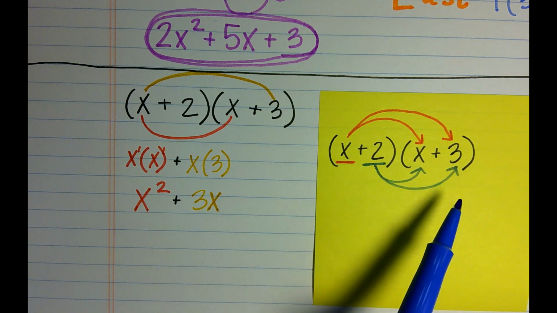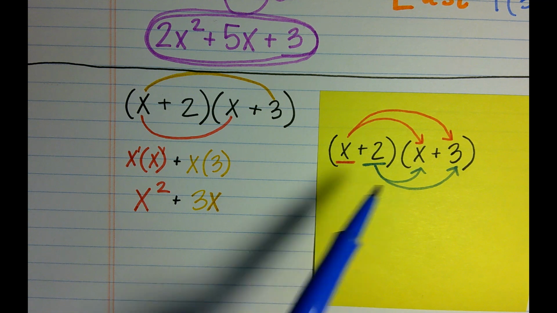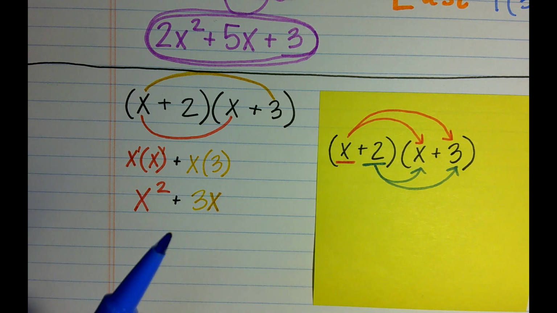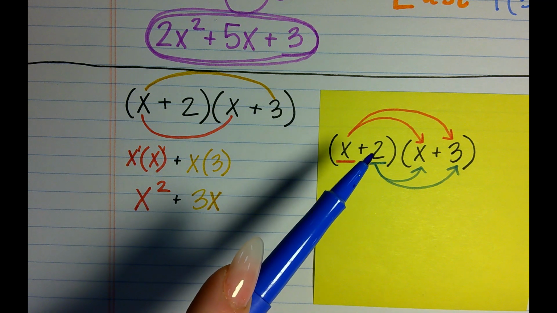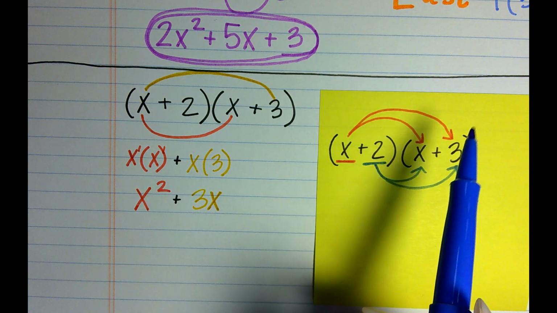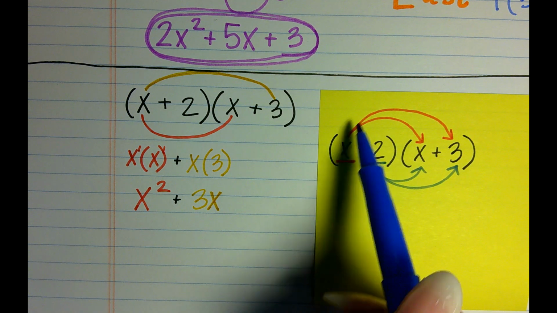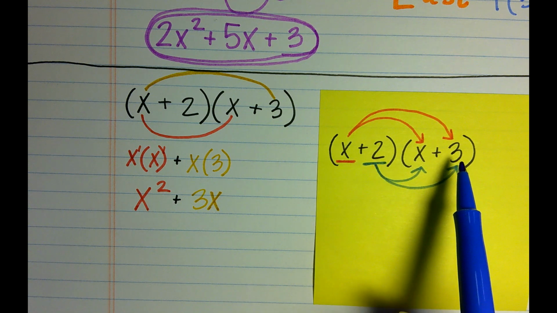Is this easier to understand? Because as I wrote this, this makes more sense to me. Like first I distribute my first term, then I distribute my second term. But it's the same FOIL method because I'm doing my first terms and then my outer terms, then my inner terms, and then my last term.